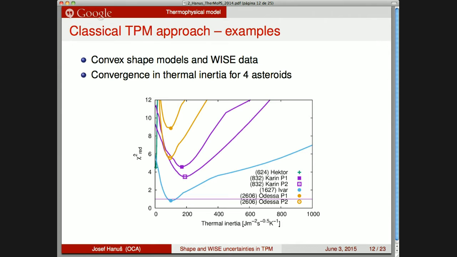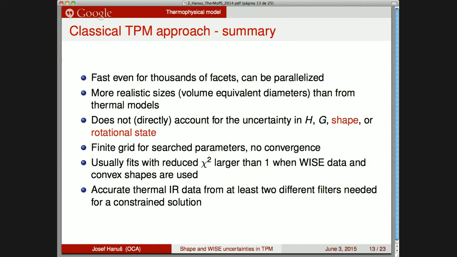Okay, here is a short summary of the classical TPM approach, which is relatively fast, even for relatively complex shape models. It gives us more realistic sizes than the simple thermal models. However, it does not directly account for the uncertainty in the H and G values and the shape and rotational state. And the shape and rotational state we investigate. I will show you then if they are important or not.